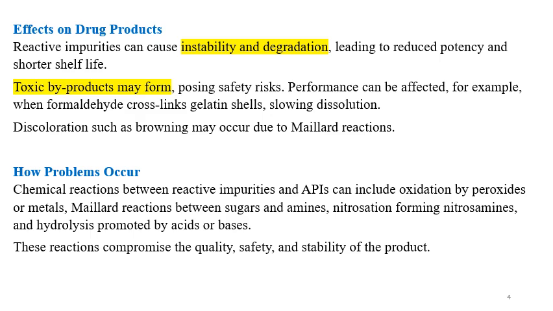Chemical reactions between the reactive impurities present in the excipients and the APIs can include oxidation by peroxides or metals, Maillard reactions between the sugar and amines when present, nitrosation forming the nitrosamines, and hydrolysis promoted by acids or bases. These reactions compromise the quality, safety, and stability of the product.